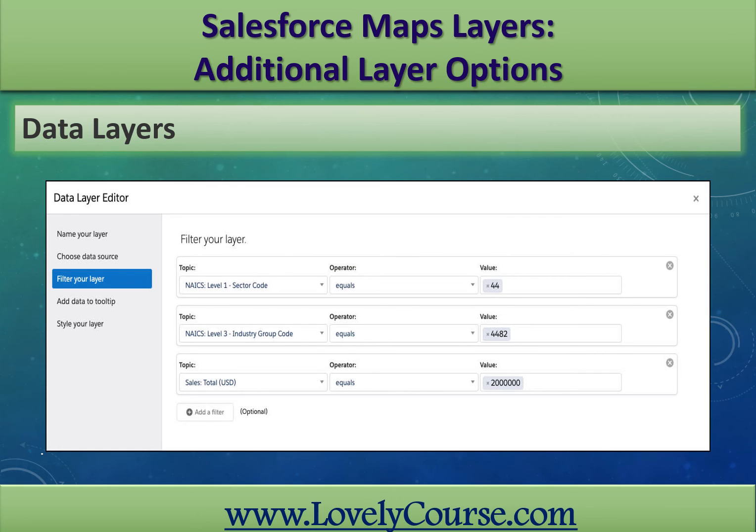In addition to visualizing Salesforce data with marker layers and visualizing territories with shape layers, Salesforce Maps allows users to visualize non-Salesforce data by creating data layers to display business and property data. These layers can display business or property data from different data sources such as the US business data, universities and colleges, private schools, census data, and many more.